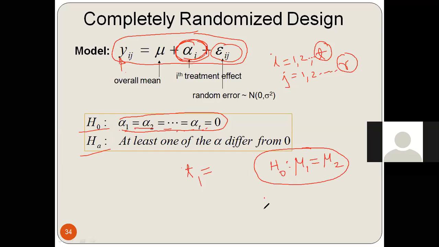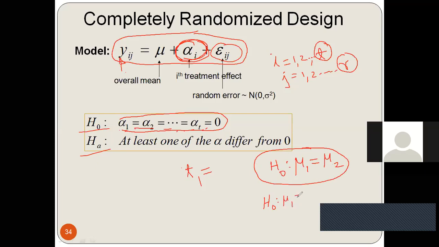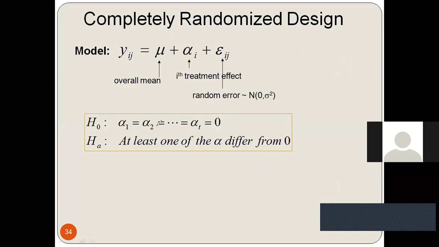So if you have three treatments, our null hypothesis goes further: mu1 is equal to mu2 is equal to mu3, and so on. The same thing has been given here. I will clear all again. Alpha 1, that is the first treatment effect, is similar to mu1, same as mu2, same as mu3, and so on.